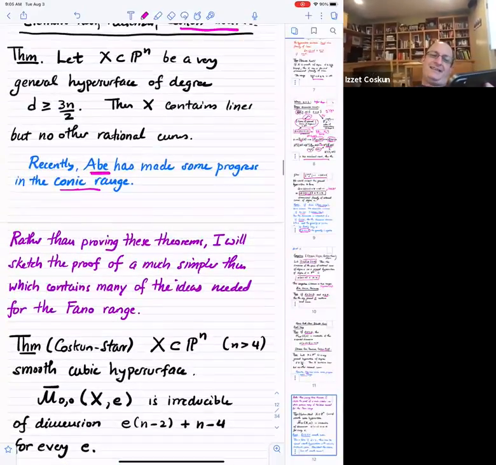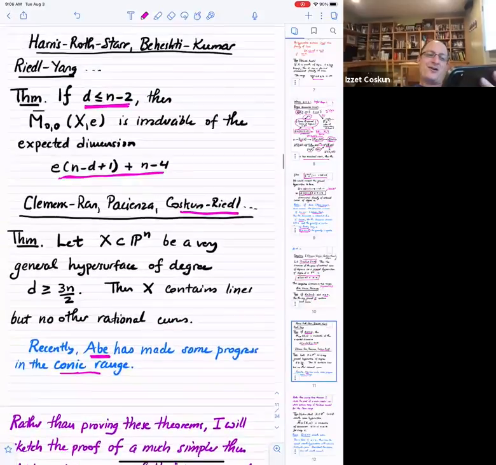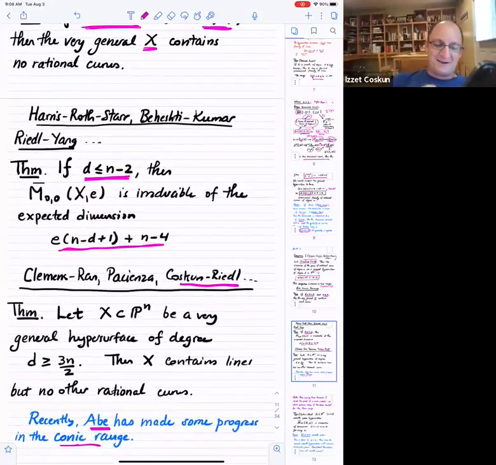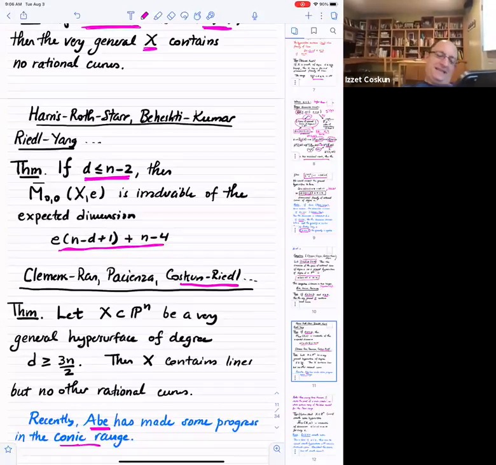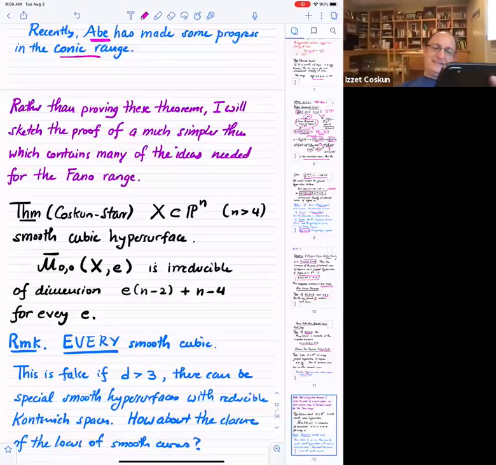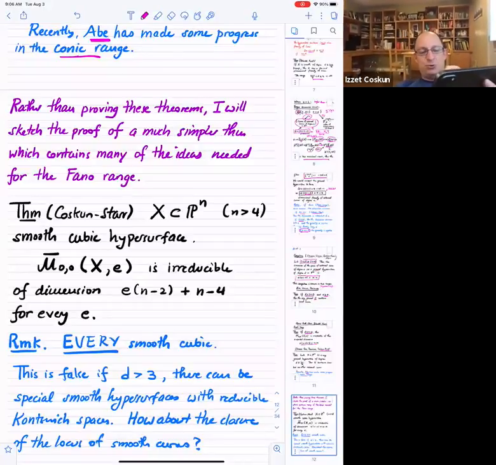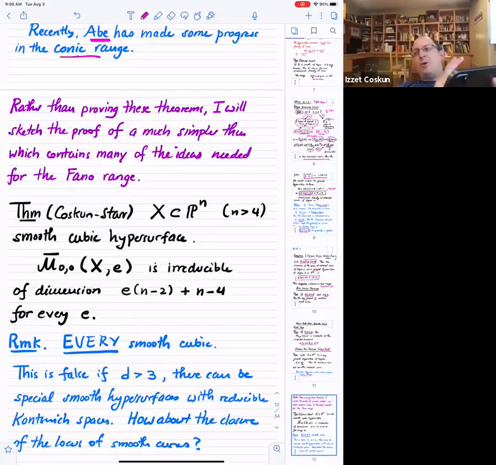Anyway, I thought that I should try to give you a proof of one of these theorems, or at least sketch a proof of one of these theorems. But then I thought, okay, it's going to get messy with all these indices. So let me sketch the proof of a simpler theorem, but it contains most of the ideas in the final range.